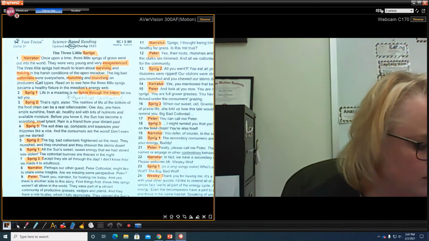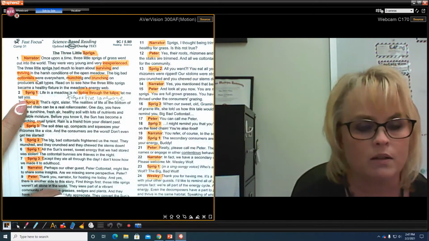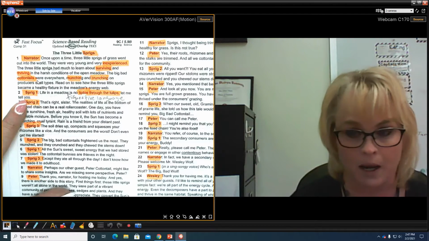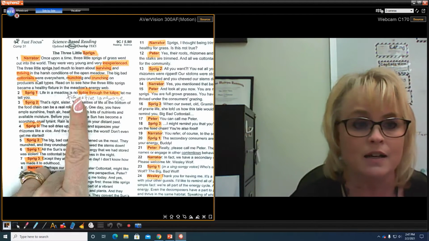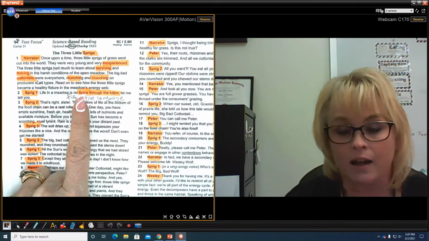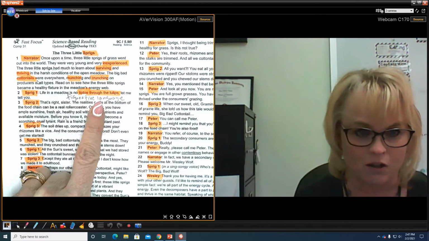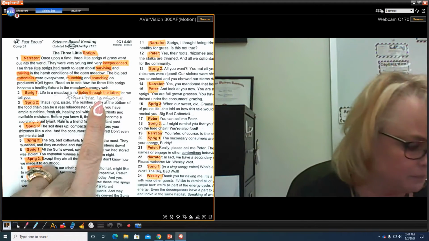Well, Tiptoe Through the Tulips actually was a song, and it was about love. So what they're saying is that life in a meadow is not all about love and peace. And so they don't mean it literally. They mean that it's not all pleasant.